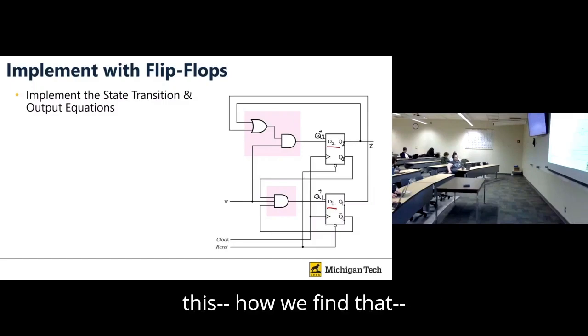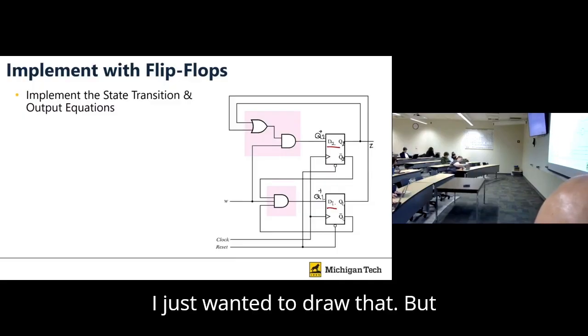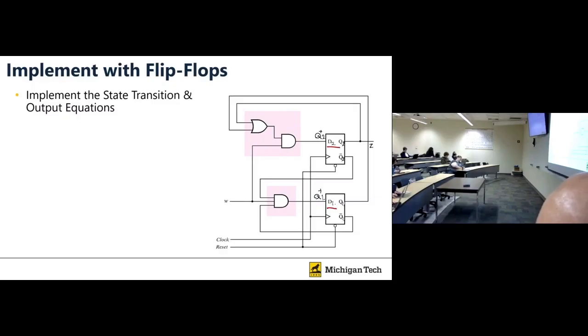And this, how do we find that? I just wanted to draw that, but this Q2 is coming from Q1 plus Q2 W. That's the W input.